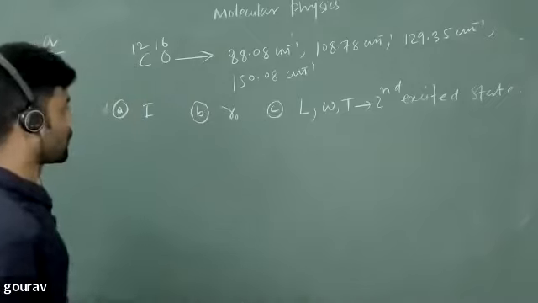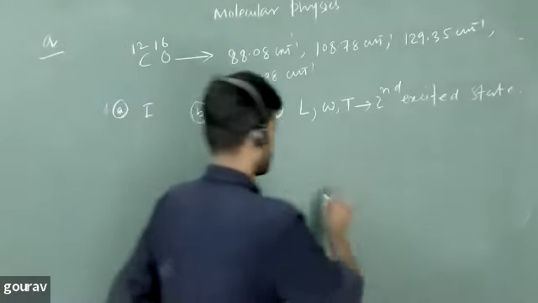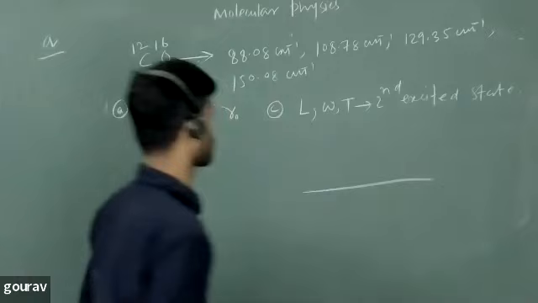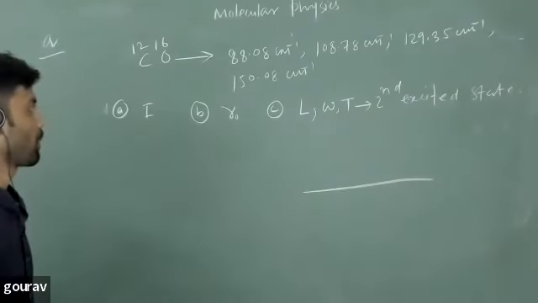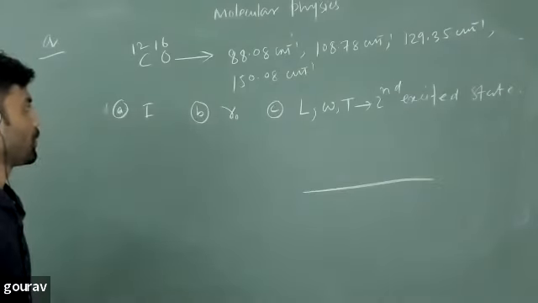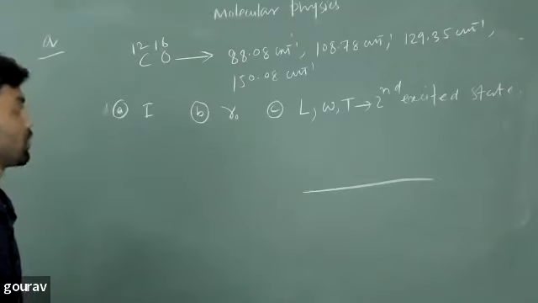Okay, so there are 4 lines they have given. Is the question clear to all? Yes, sir. Carbon 12, oxygen 16 molecule shows pure rotational spectrum, and for the first 4 lines they have provided that they are observed at 88.08 centimeter inverse, 108.78 centimeter inverse, then 129.35 centimeter inverse, and then 150.08 centimeter inverse.